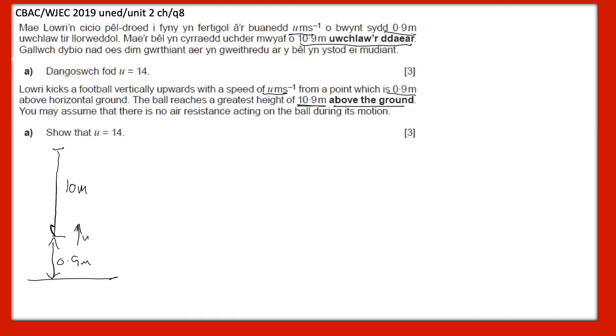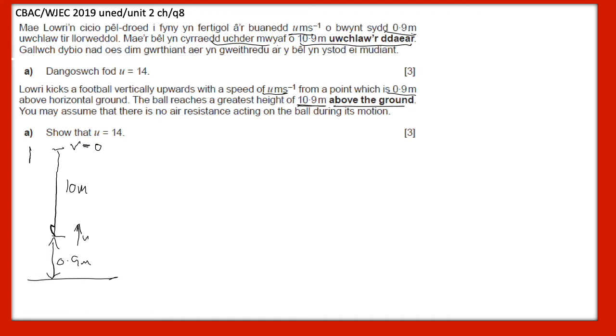And if it's at its highest point, and that's the key piece of information, greatest height, the implication is that it's run out of speed, its velocity is 0.